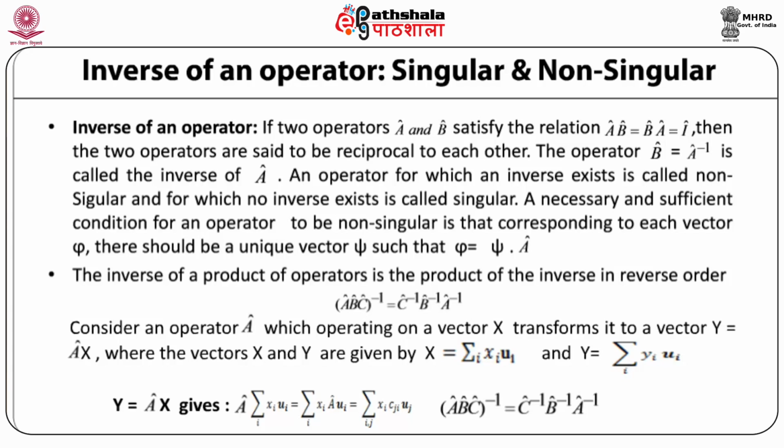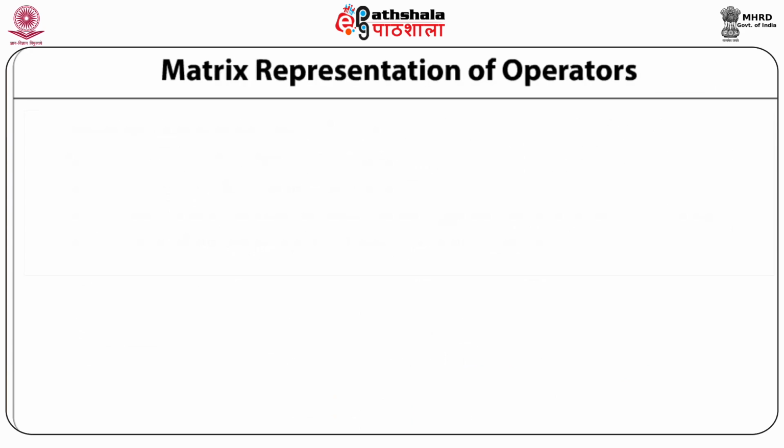So we have the vector y equal to operator A acting on x, which gives operator A acting on summation over i xi ui, equal to summation over i xi operator A acting on ui, equal to summation over i, j xi cji uj.